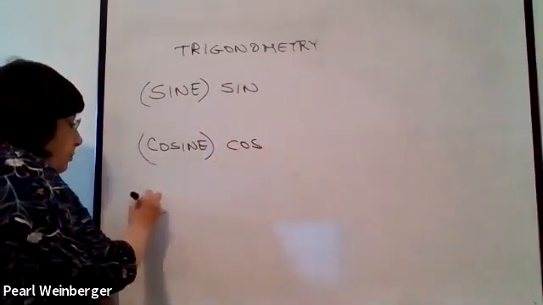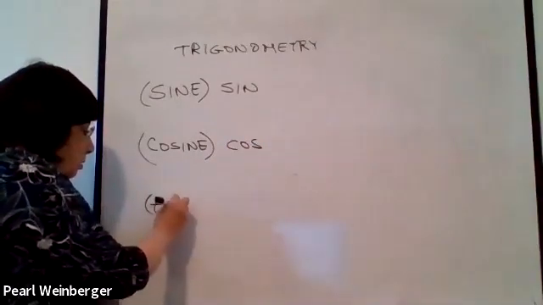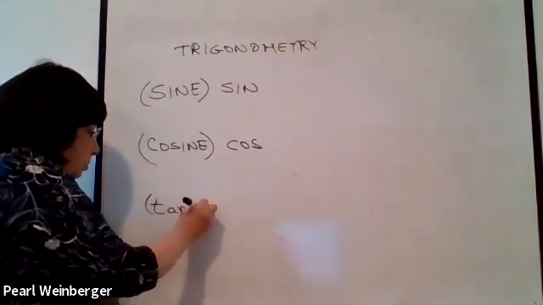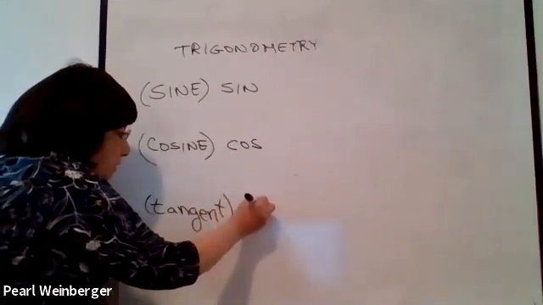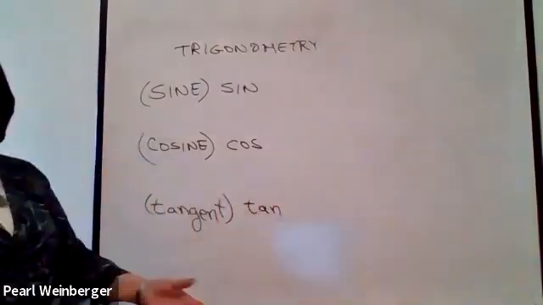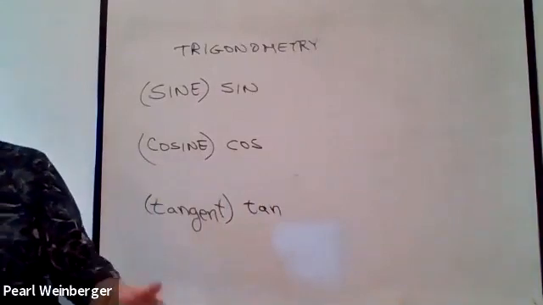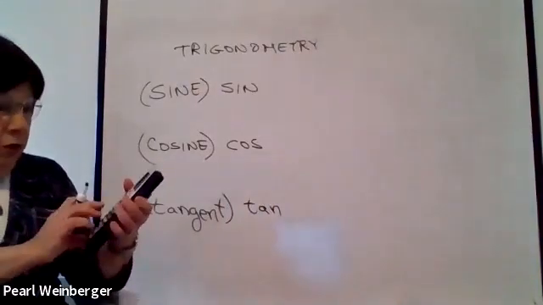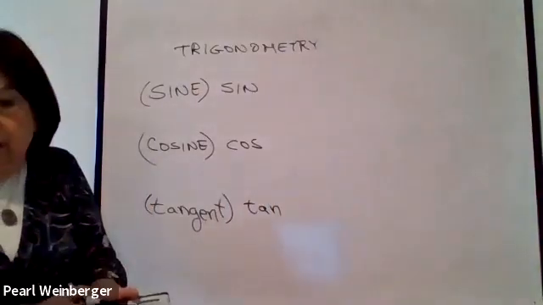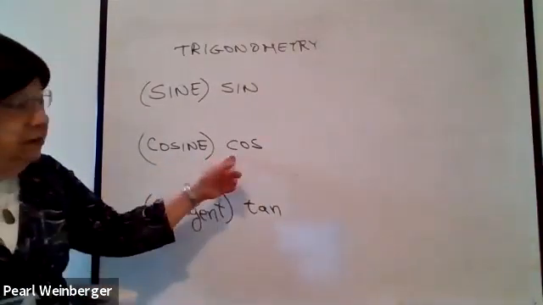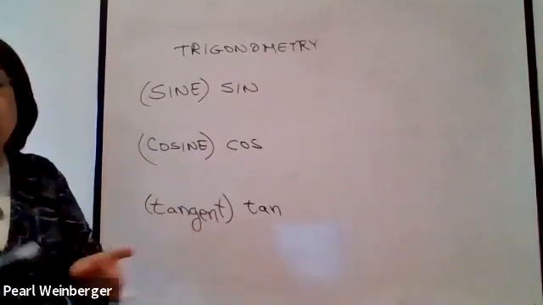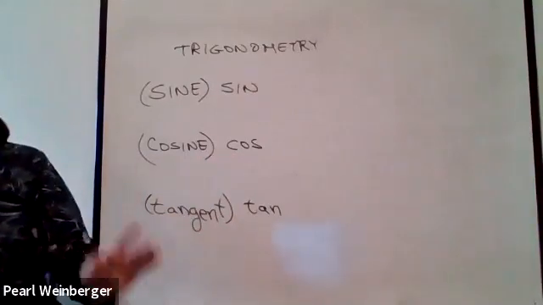And there's something called the tangent, which is abbreviated TAN. If you have a scientific calculator, you'll see a button that looks like it says sin, but it's sine. You have a button that says cosine. You have a button that says tangent. These are the primary ones.